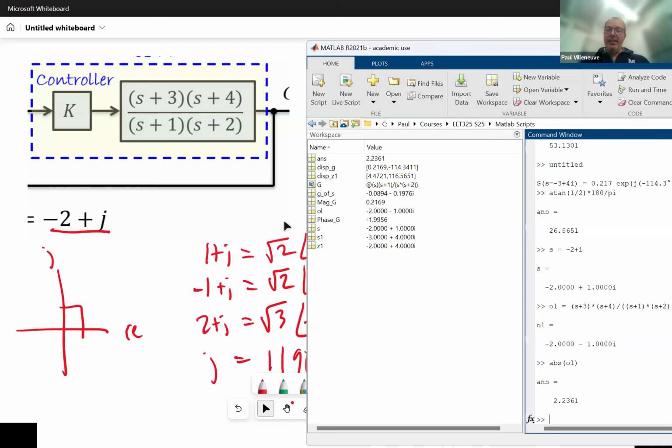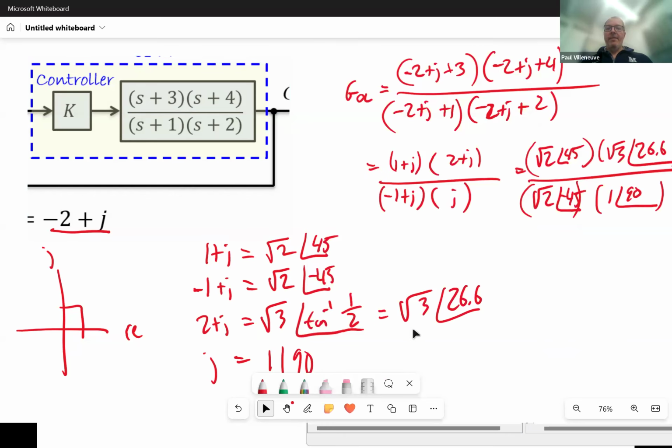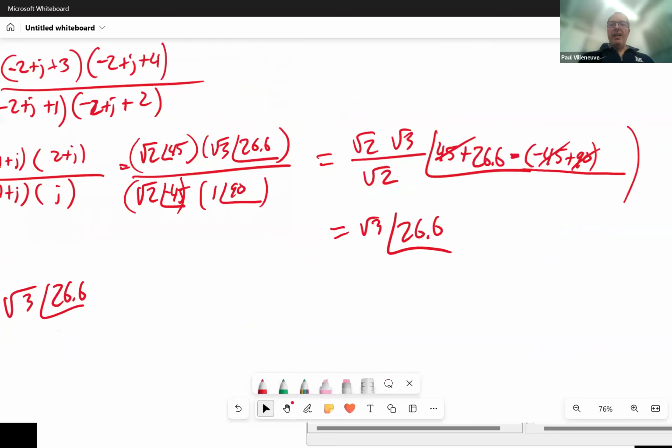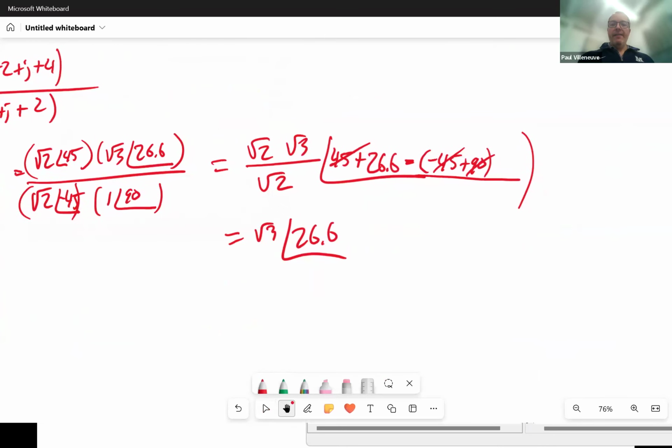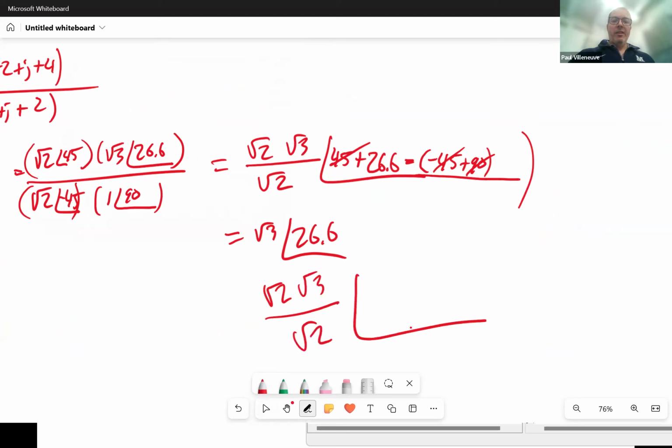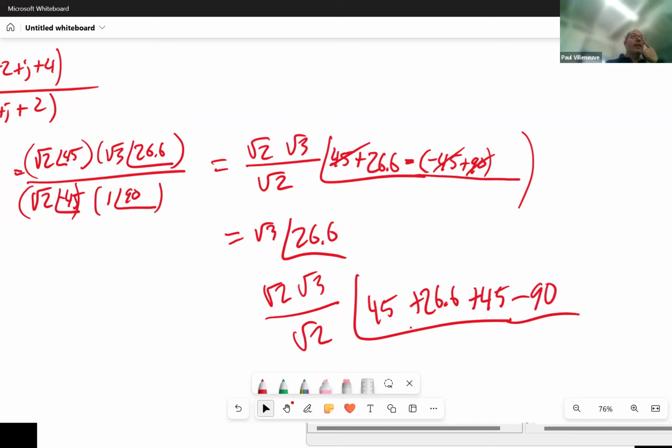That's not what I got. Did I make a mistake here? You don't think I can subtract the 45? All right, let's do it out in more detail. So square root of 2, square root of 3, over the square root of 2. 45 plus 26.6 plus 45 minus 90 is what I did, right?